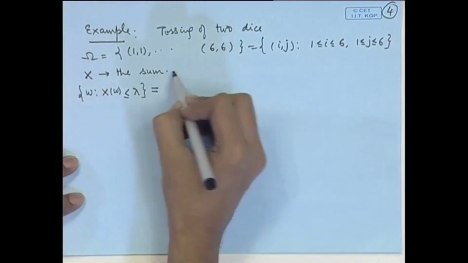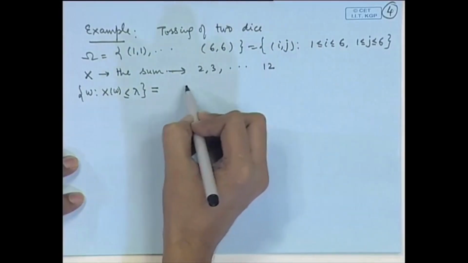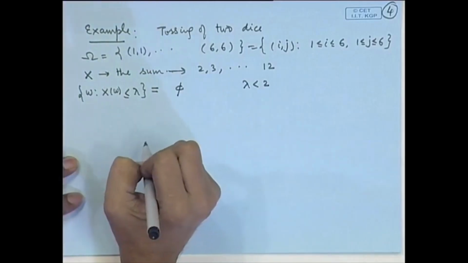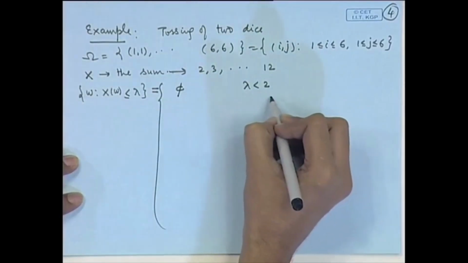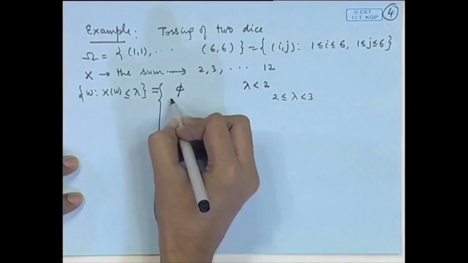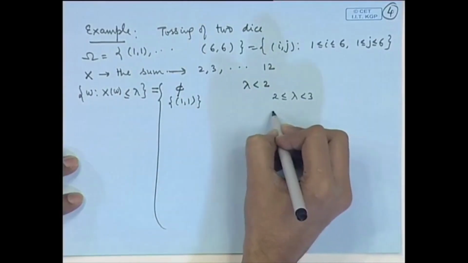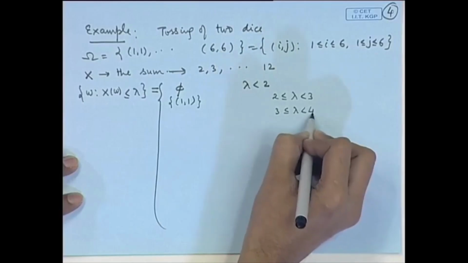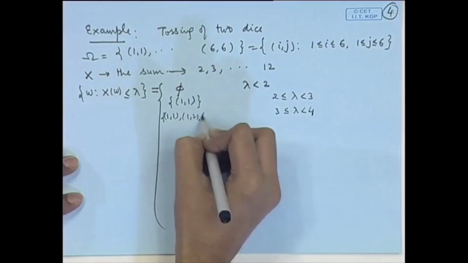Now, if you look at it, this sum will vary from 2 to 12. So, if I have lambda less than 2, then this set is going to be phi. If I take lambda between 2 and, say, 3, then I have the point (1,1) here. If I have lambda greater than or equal to 3, but strictly less than 4, then we will have (1,1), (1,2), (2,1).